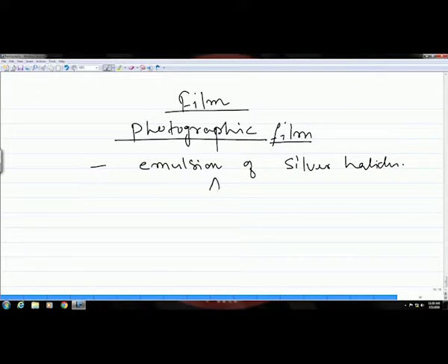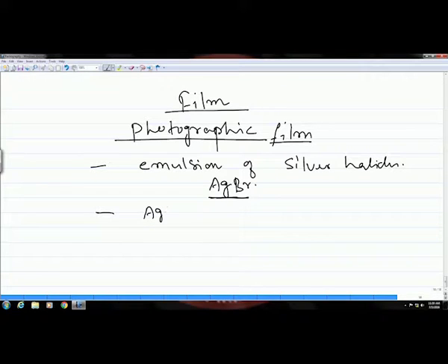Most commonly used is silver bromide. These silver bromide particles in the emulsion are coated over a thin plastic sheet, because that is how we have all seen this photographic film. It is a thin plastic sheet.